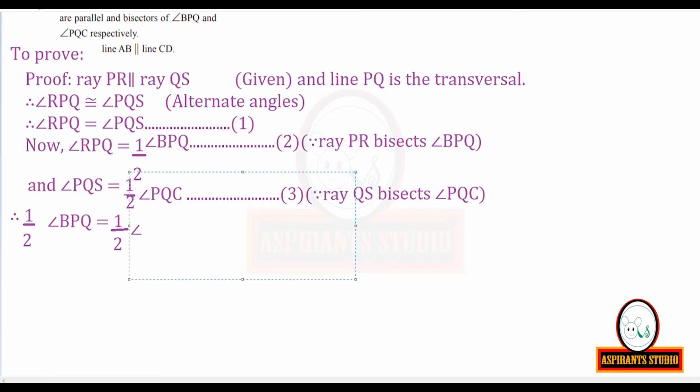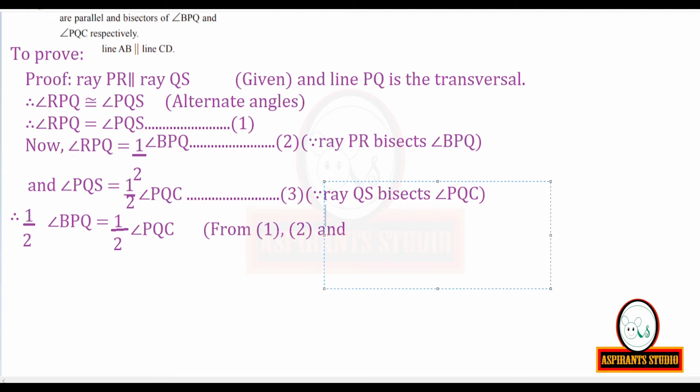Write the reason from equations 1, 2 and 3. Now half and half will get cancelled because multiplying throughout by 2 will eliminate that half on both the sides.